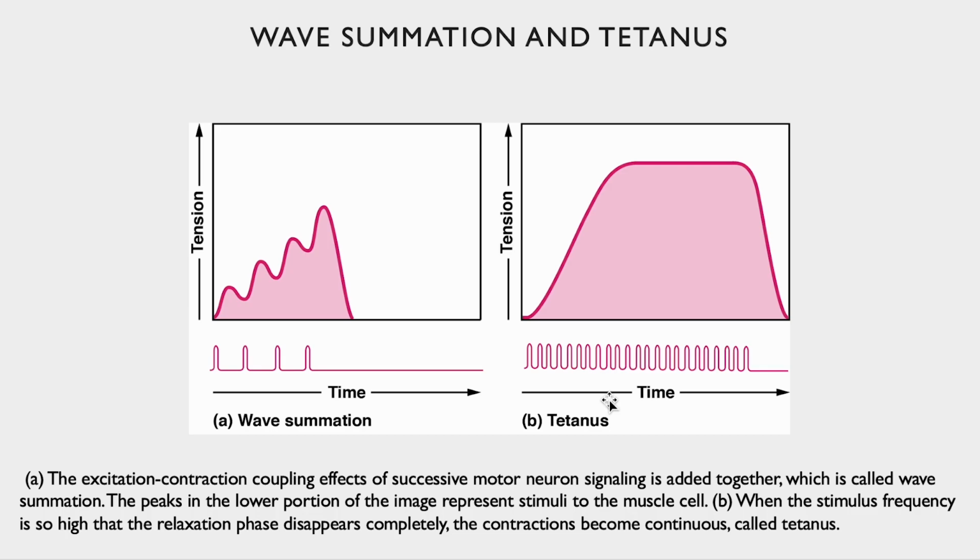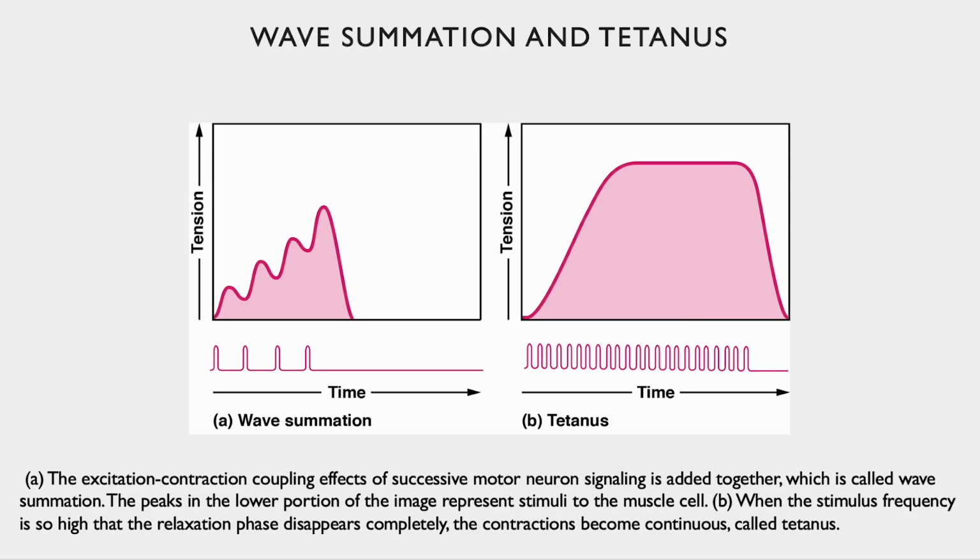Tetanus can be incomplete, when the frequent signaling causes the muscle to reach a peak, but there is a slight relaxation, or can be complete when there is an extremely high frequency of stimulation that allows the contractions to continue. Of course, not forever. There is a moment when muscle fatigue occurs, and even if we continue stimulating, the muscle is not going to contract.